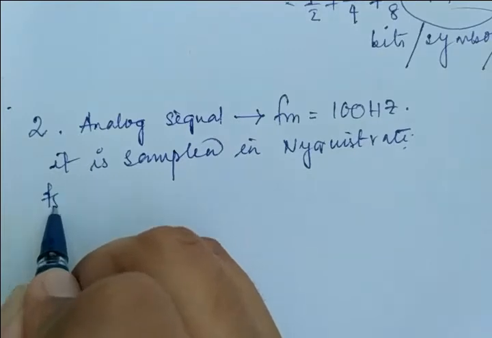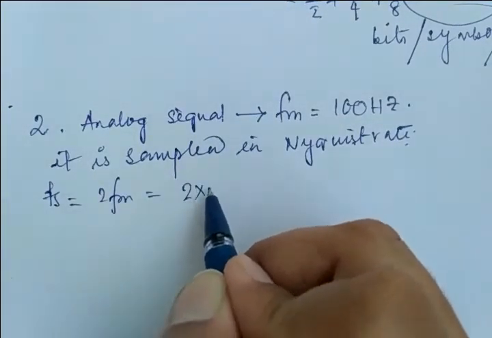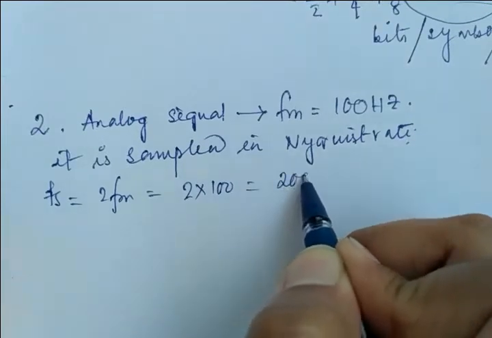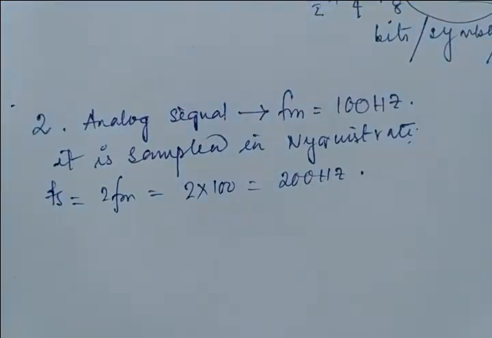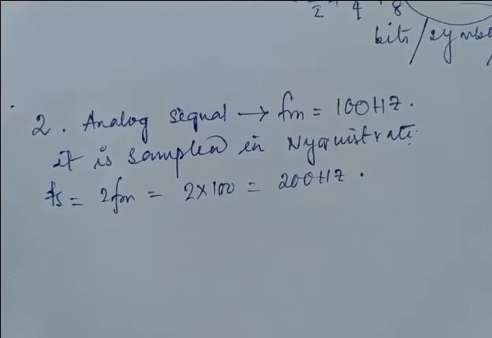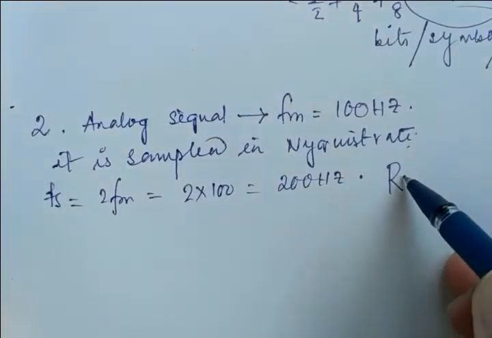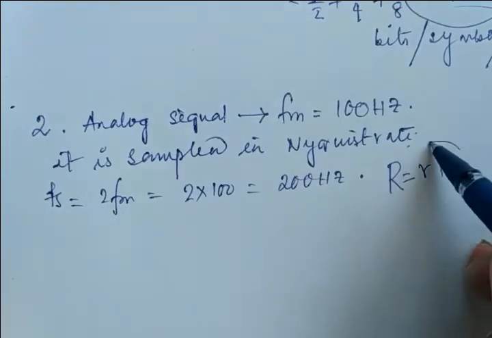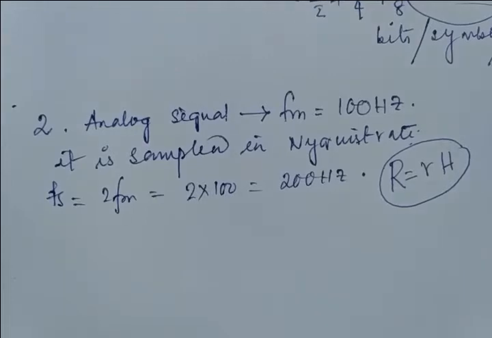Fs equal to 2Fm according to the Nyquist criteria, so 2 into 100, that is 200 Hz. This is also your small r, because you have to calculate the information rate. The formula is capital R equal to small r into H, right?